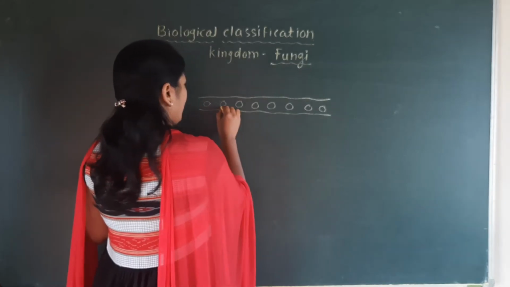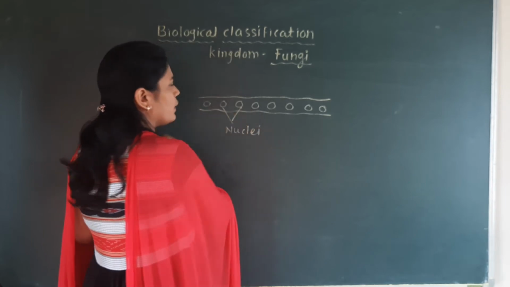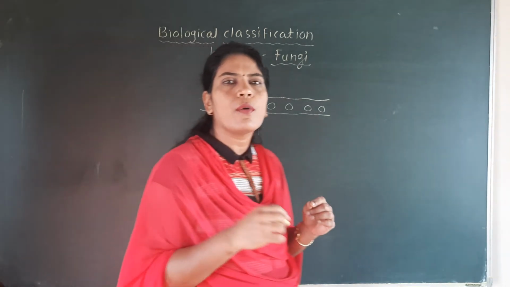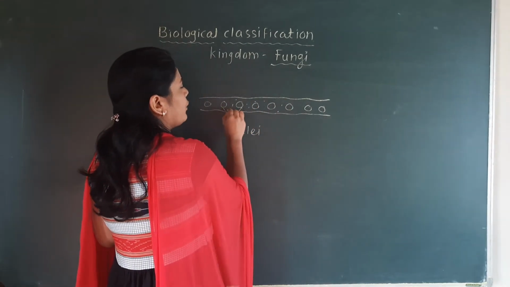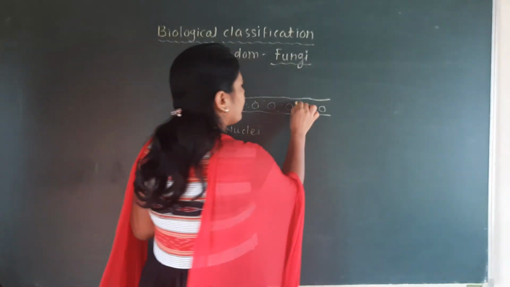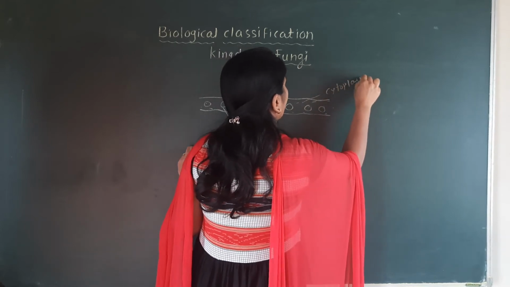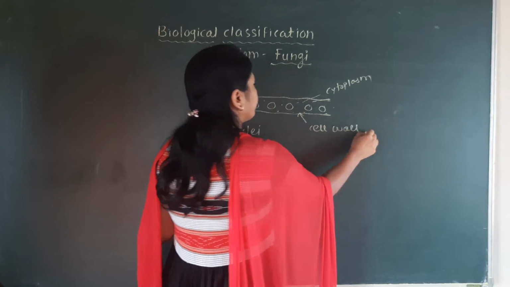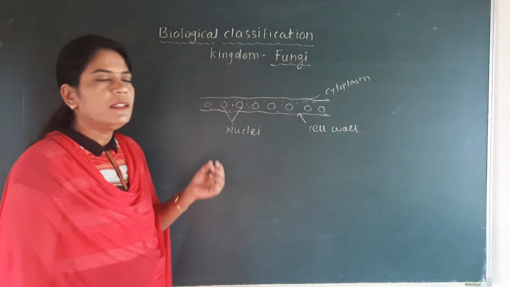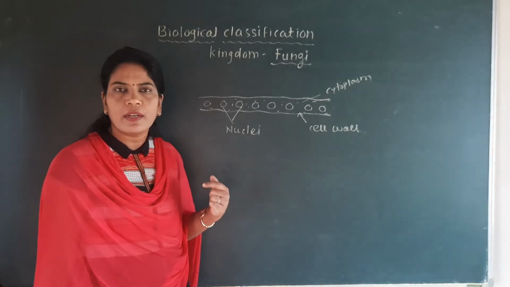If more than one nucleus is present, we call them nuclei. So all these round parts are the nuclei. This is called the cytoplasm of the hyphae. This is called the cell wall of the hyphae. This enlarged structure of the hyphae having many nuclei is called a multinucleated structure.